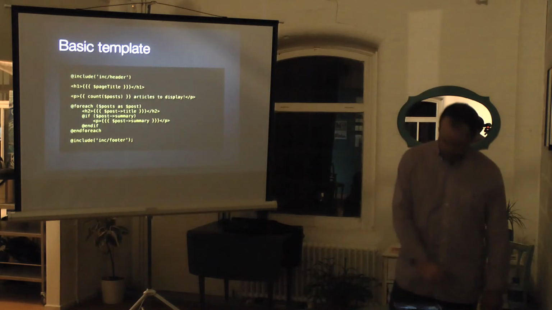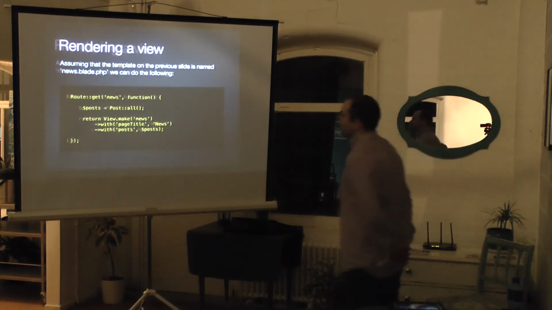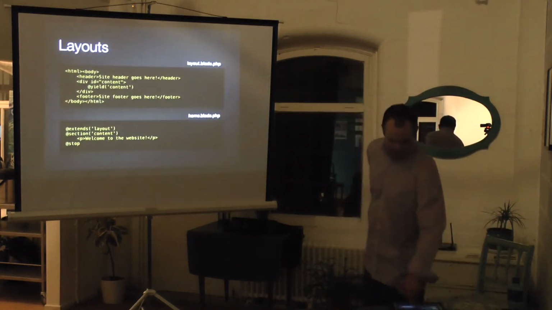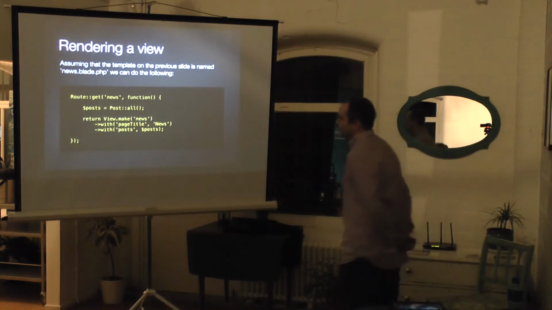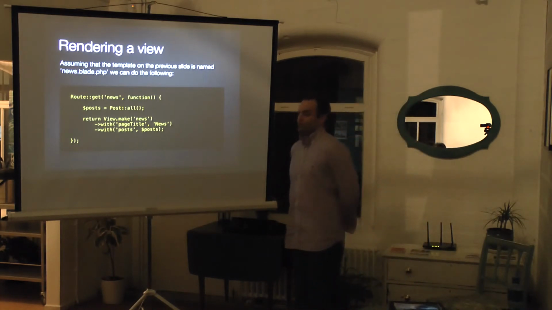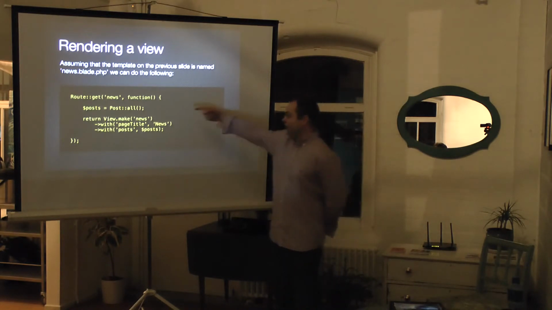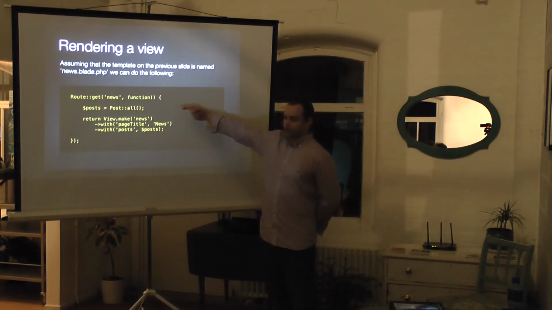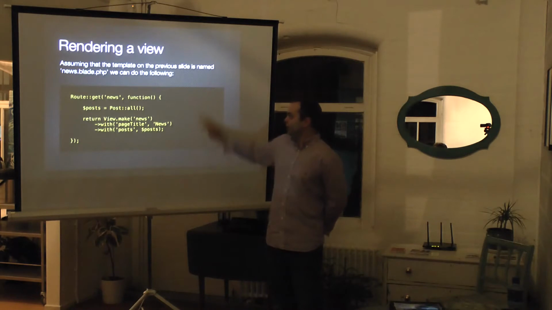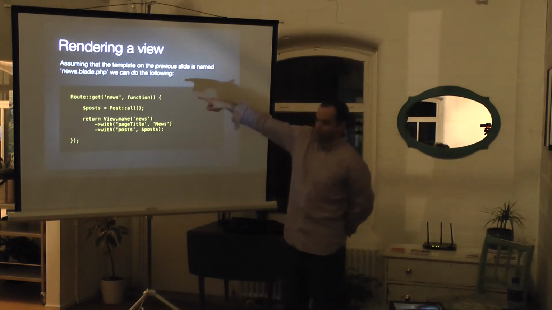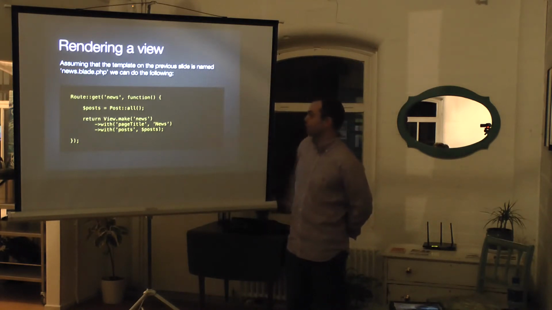Now, how to render a view. Here we're back in our routes.php file. We're specifying our routes. In this case, we're just using Eloquent, getting a collection of posts, assigning it to posts. Then we're doing return View::make news. There will be a file called news.blade.php in a views folder in your application.